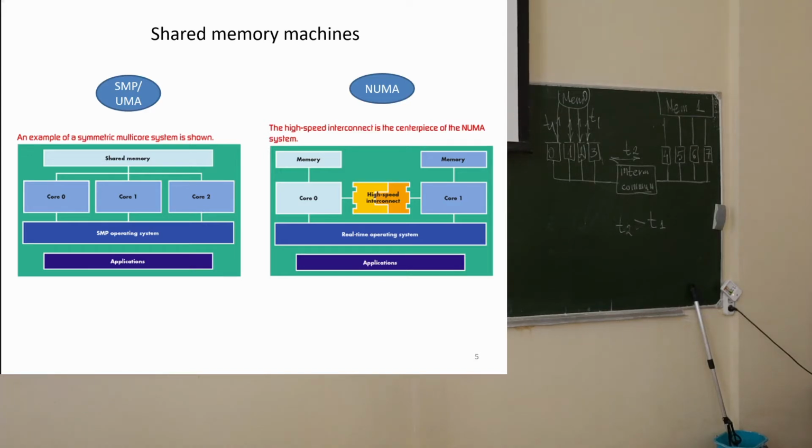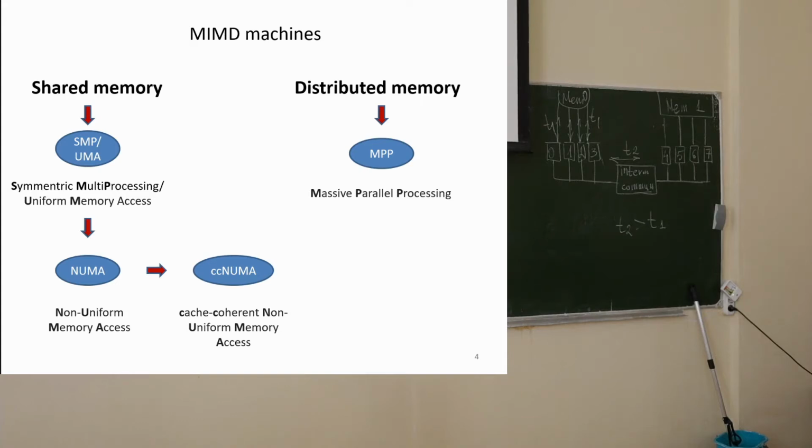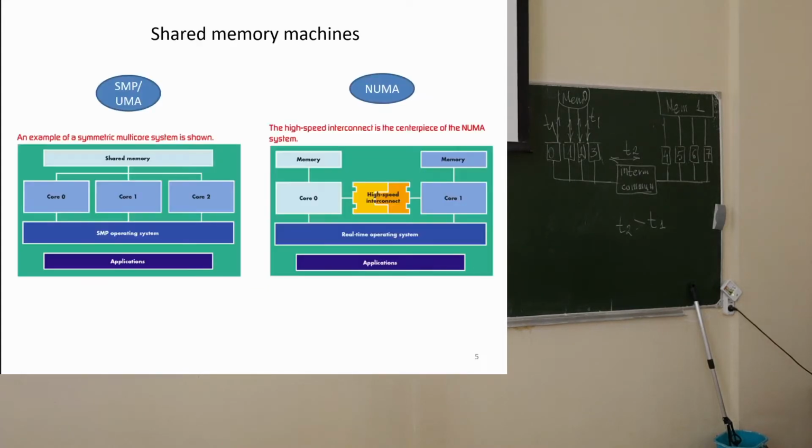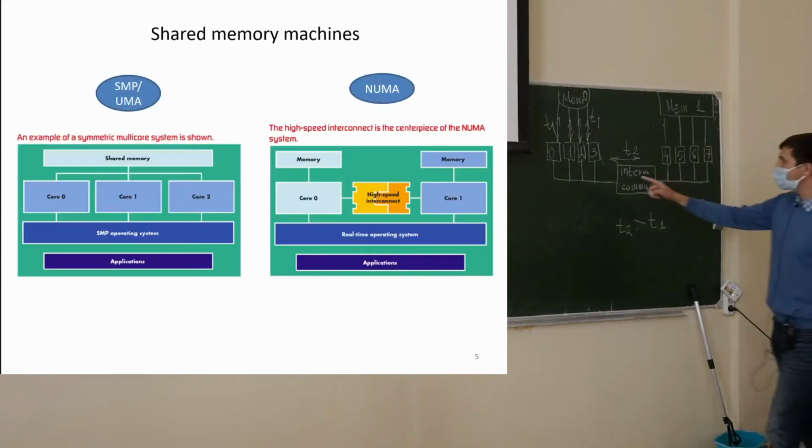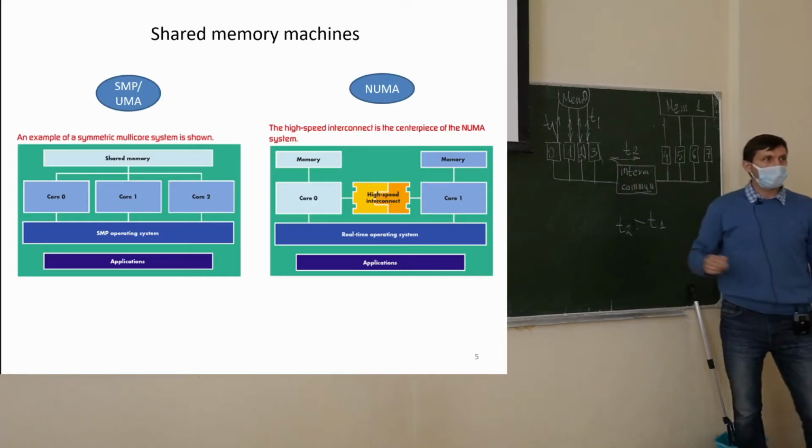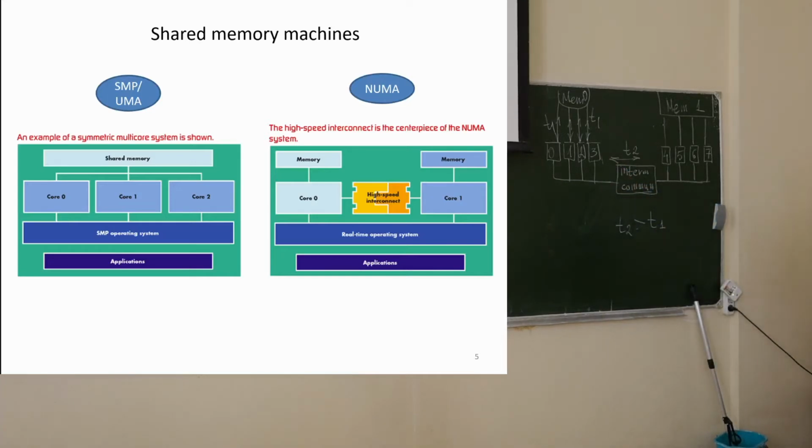Do you have any questions? And what about CC-NUMA, cache coherent non-uniform memory access? What does it mean? Every core, or every single processor, has its cache memory. Every time the processor deals with some data, it copies this data from memory to its cache memory and performs some instructions with this cache memory.